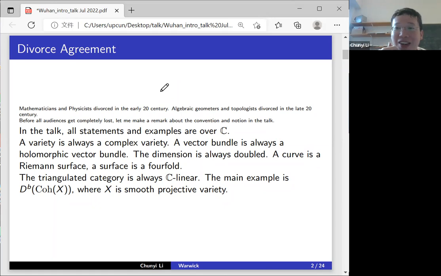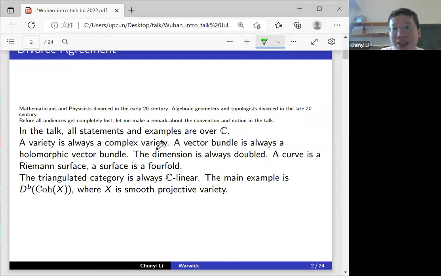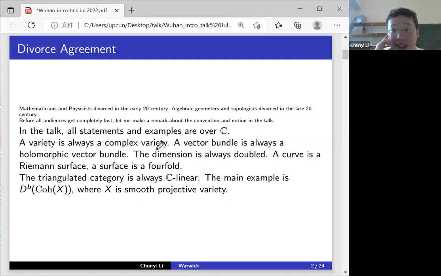So all of my stuff is over the complex number field C. In particular, when I say a variety, it always means a complex variety. In this talk, all varieties are smooth, so it's harmless to think of them as complex manifolds, whatever you want. And when I say a vector bundle, it always means a holomorphic vector bundle.